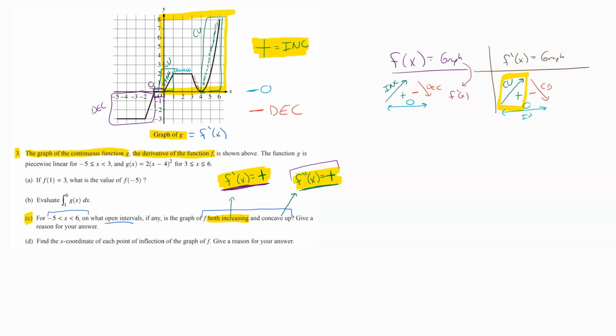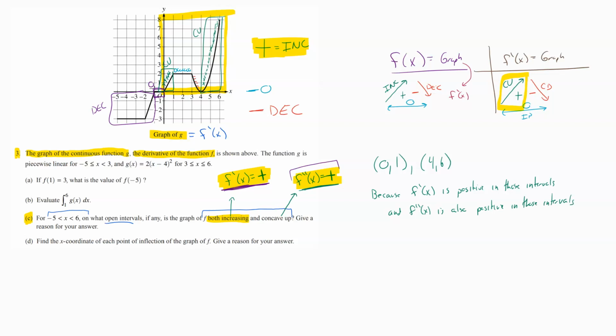So our intervals that would work: starting at 0 and ending at 1, and then we would also have an interval starting at 4 and ending at 6. Your reason is that f prime of x is positive in those intervals, and f double prime of x is also positive in those intervals.